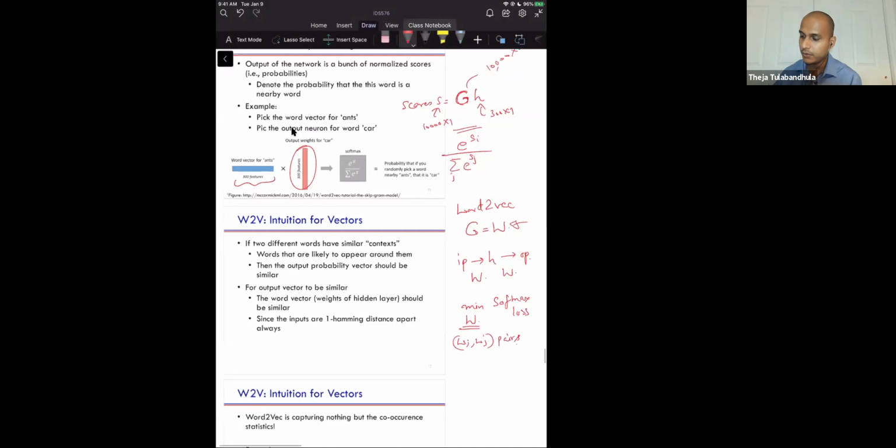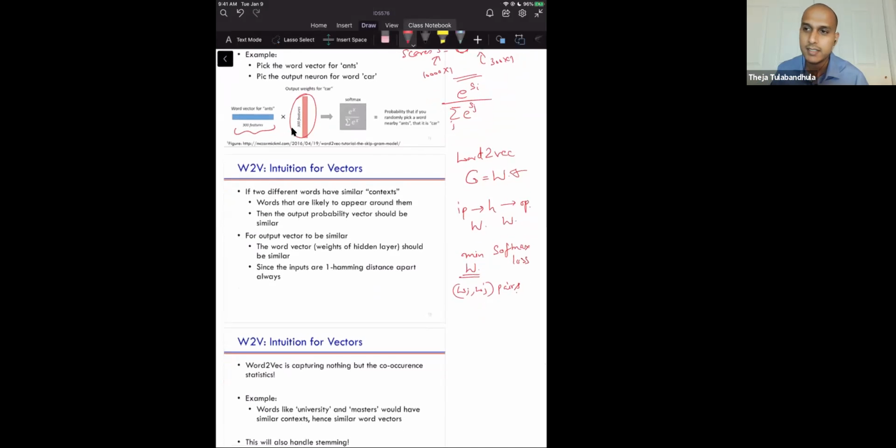The intuition is what we've been discussing earlier, which is that different words can have similar context. When I say similar context, it means that if you're talking about a cat in an article, you're going to use some surrounding words to describe it.